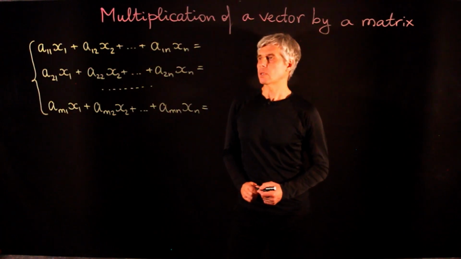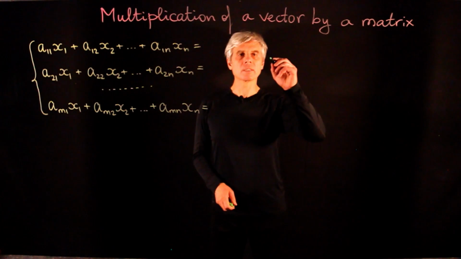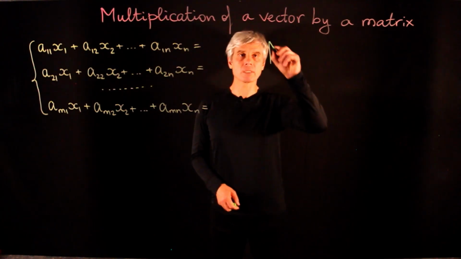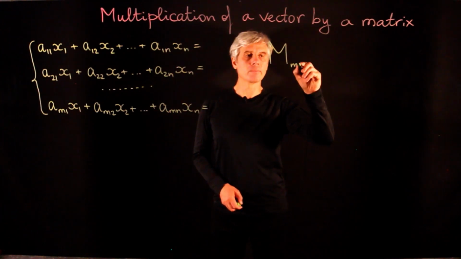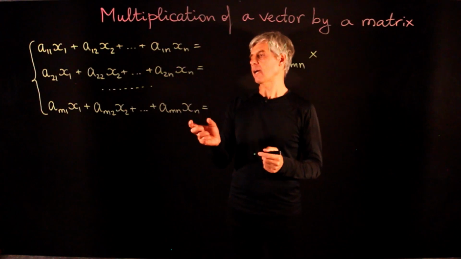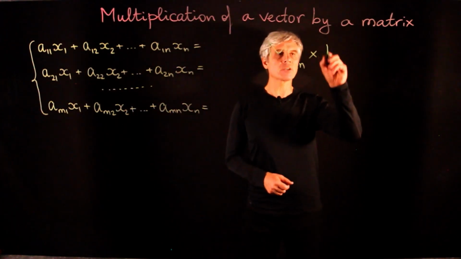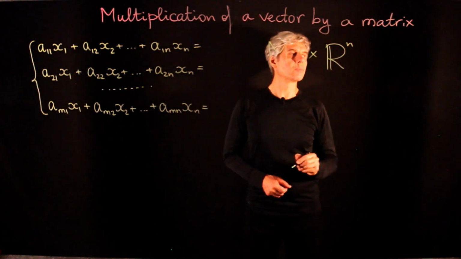So here what we have is two ingredients. The first ingredient is we have a matrix of the size m by n. And then we take and we plug in a vector with n components.